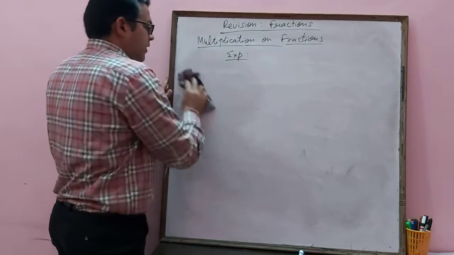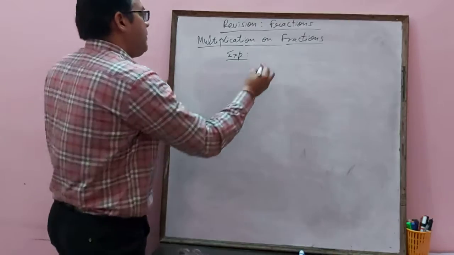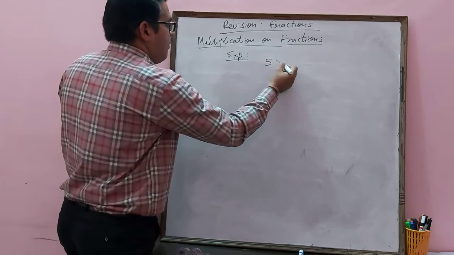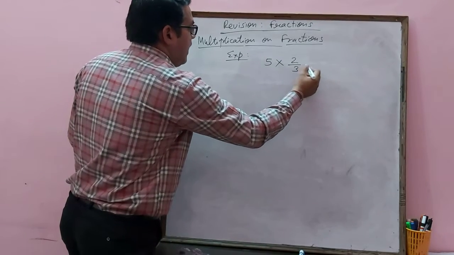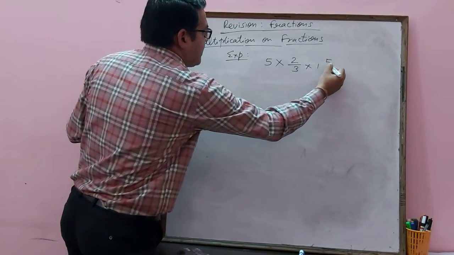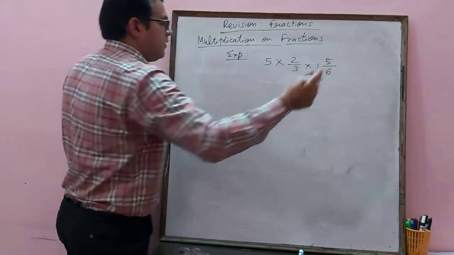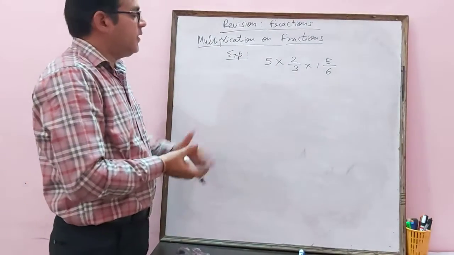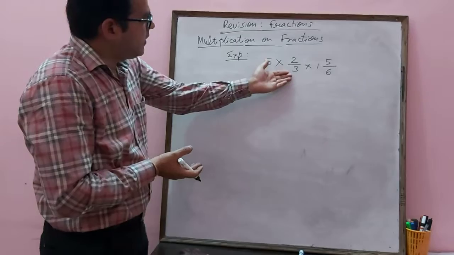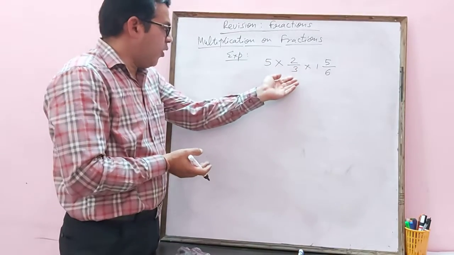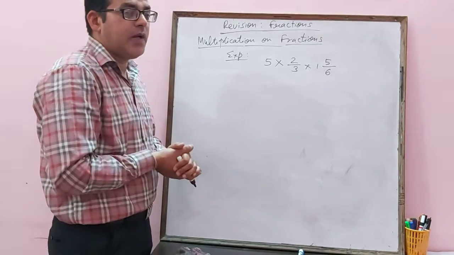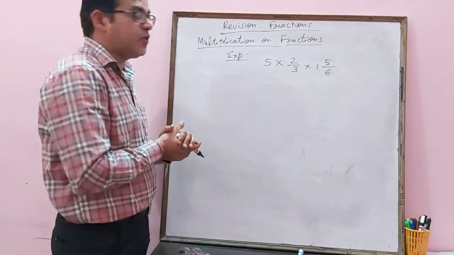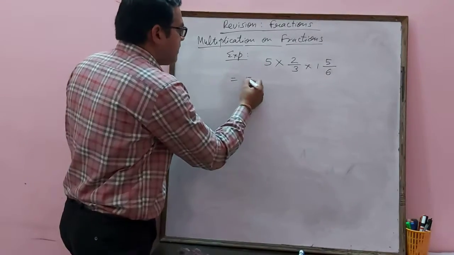Now I am taking here one whole number, one simple fraction and one mixed fraction. This is whole, this is a simple fraction, a proper fraction, and this is a mixed fraction. Now how can I multiply these three together? So let's start.